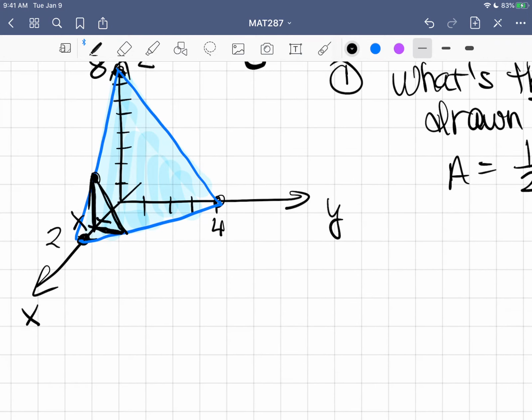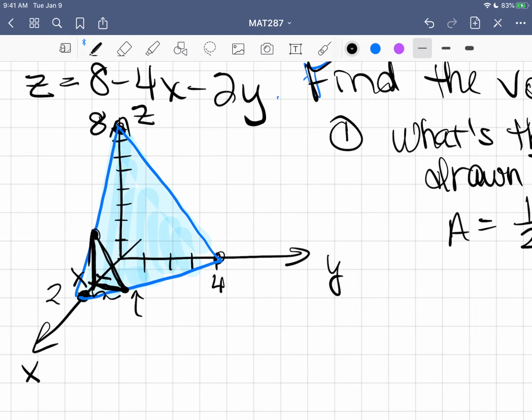I'm going to zoom in a little bit. Well, to get the base, I'm looking at going from y equals 0 to this line. So what is the equation for this line? Well, it's the part of the original plane that lies in the xy plane, right? So we just need to set z equal to 0.